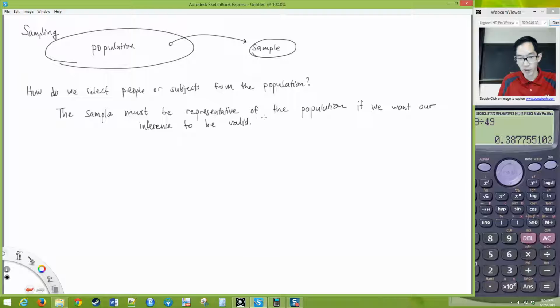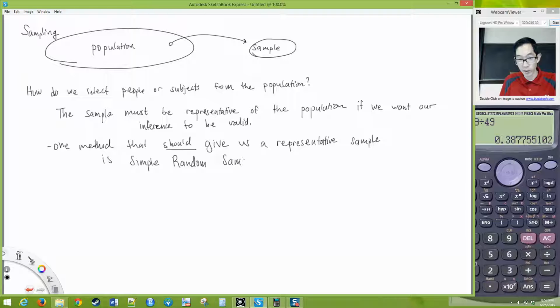Okay? So one method that doesn't guarantee, but should give us a representative sample is known as simple random sampling.